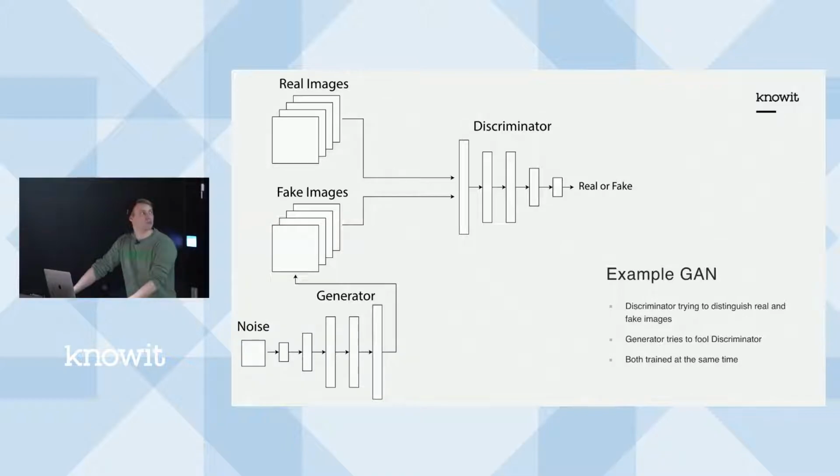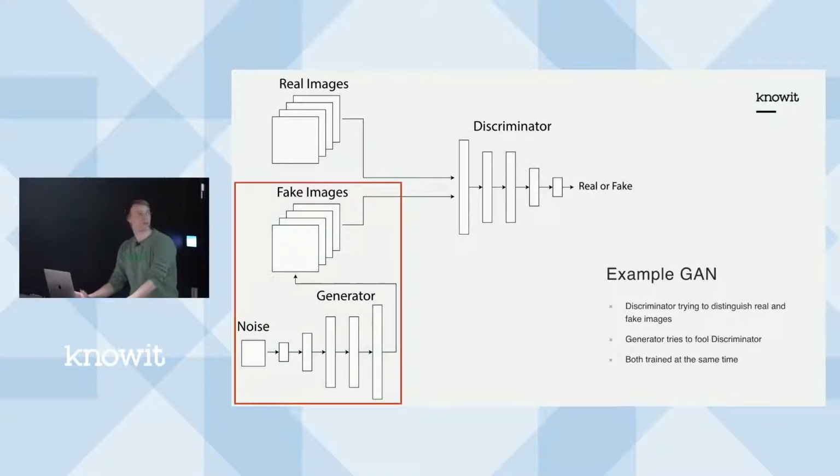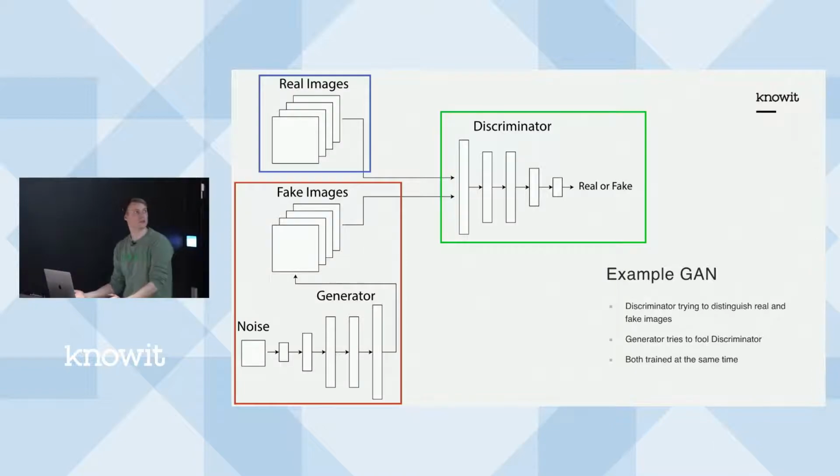Now we know the basics. Let's look at an example. Down here we have our generator. It takes in some noise and generates a set of fake images. In addition, we have a set of real images, which the fake images are supposed to look like. And finally, we have a discriminator, which is just a usual neural network trying to differentiate between real and fake images.